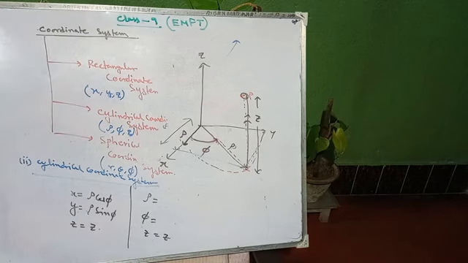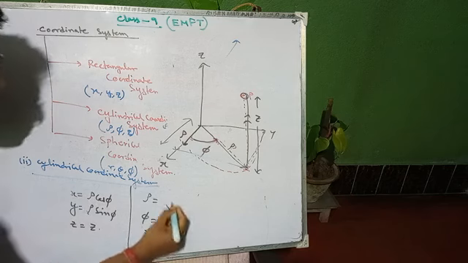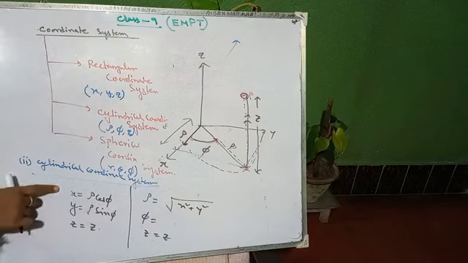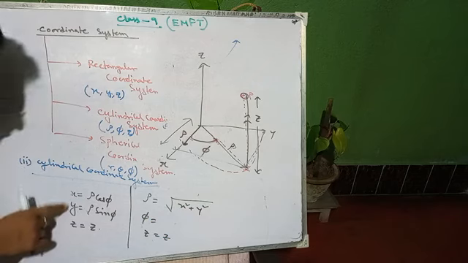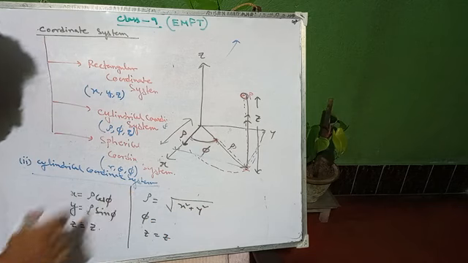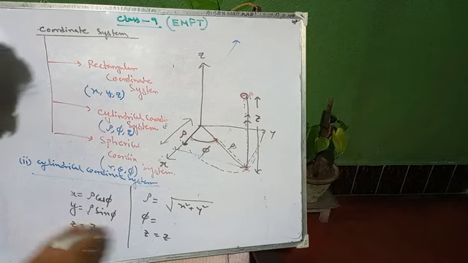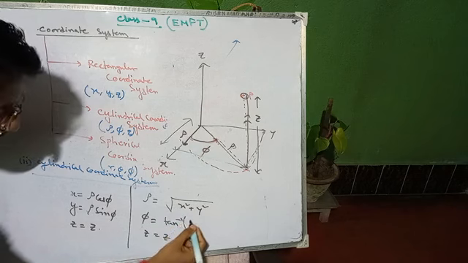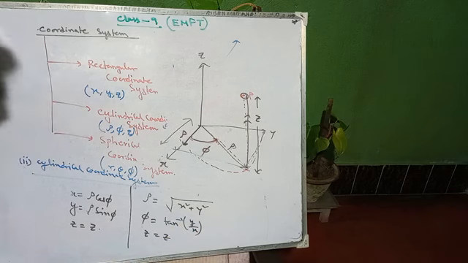And what is rho? To find rho, x is the root of x square plus y square. If we square and add and then finally take the root, we can easily get rho. And what is phi? If we divide these two, tan inverse y by x is your phi.